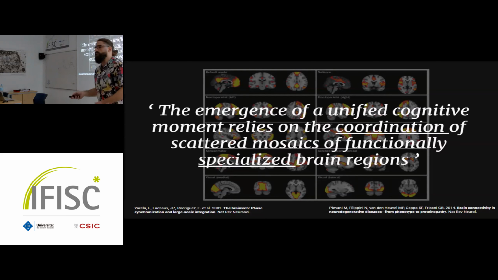So here's the idea of integration and segregation of the brain. The brain operates as a coordinated and coherent whole system, but at the same time performs specialized tasks that require being independent or maximally independent while preserving this collective coherence.